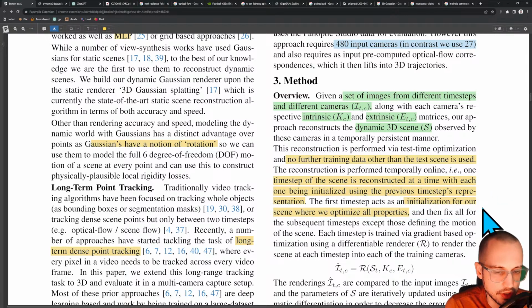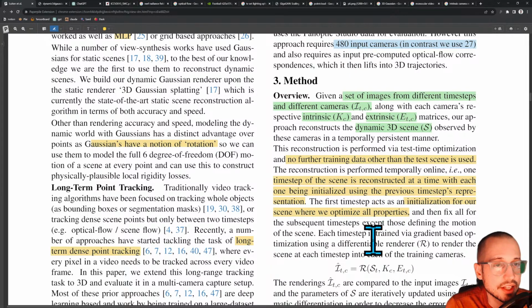So the first time step, because it's so important, because you're initializing every subsequent time step based on the previous one, that first one is very important. So you basically want to probably spend more compute, more time, maybe more complicated regularizers on that first time step, just because any mistake there is going to propagate all the way down.